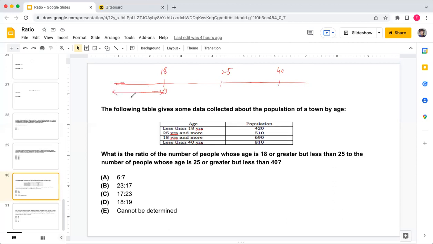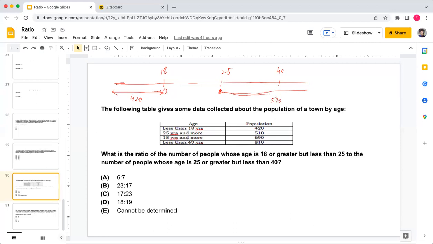Let this be 420. I am showing a hollow circle for not included and a filled circle for included. The next one is 25 years and more, so included and more. This is 510.